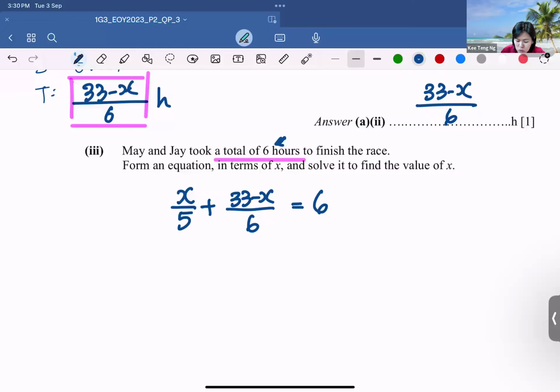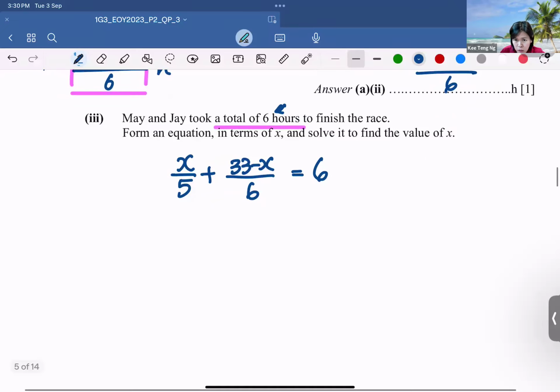Okay, all right. So now in this case, we have formed an equation already. The question says form an equation. So we have to get rid of our denominator, or we can make the same denominator. We need to make this the same denominator. So what do we need to multiply?